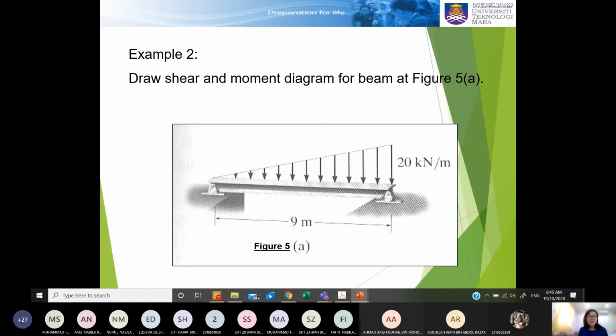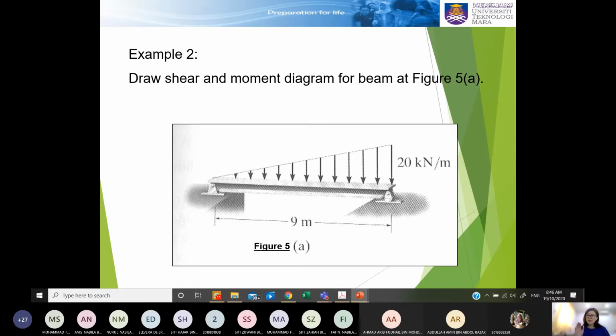Derive the equation, and then put in the values of interest in that equation. Then we can get the shear force and bending moment at that point of interest. The other method, which is also quite popular, is the area method.